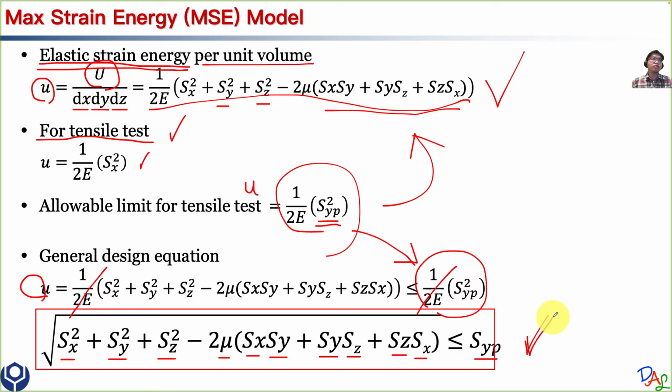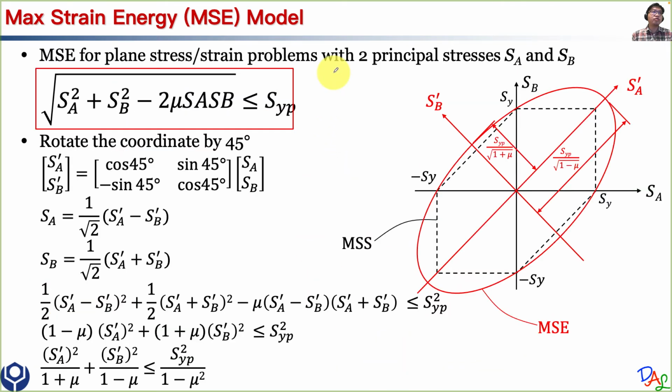How about we reduce it to a plane stress problem? When we do that, we don't worry about the z direction, so those terms disappear. And at the end, we have this much simpler equation. This is the maximum strain energy model for plane stress or plane strain problems, basically 2D problems.